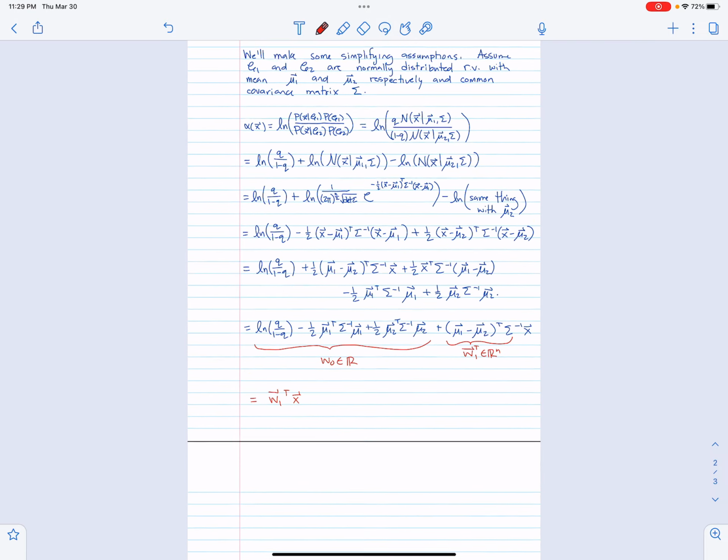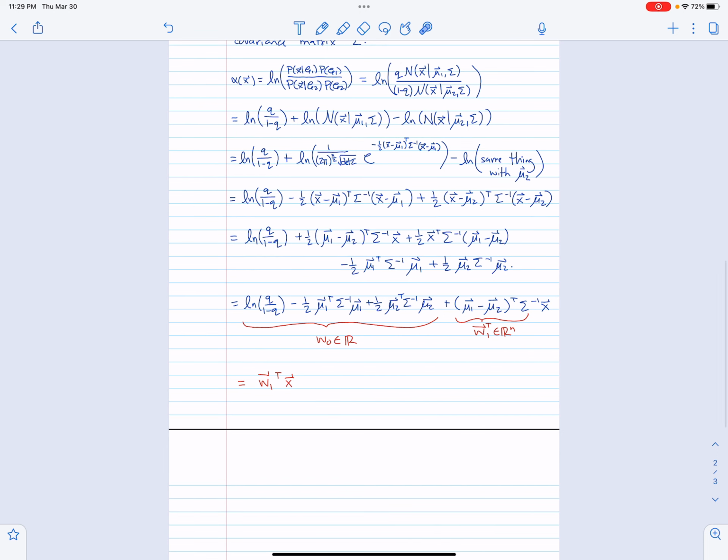So this entire alpha expression here, under some simplifying assumptions, we can actually just write it completely, instead of involving all the probability density functions, etc., as W1 transpose times x plus W0, where W1 is some vector in Rn and W0 is some scalar.